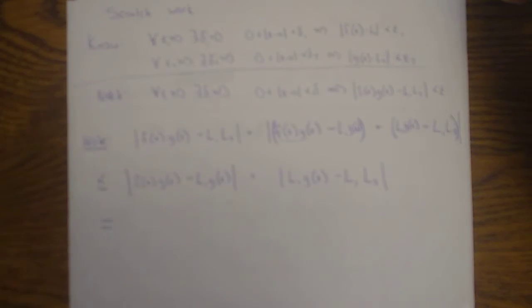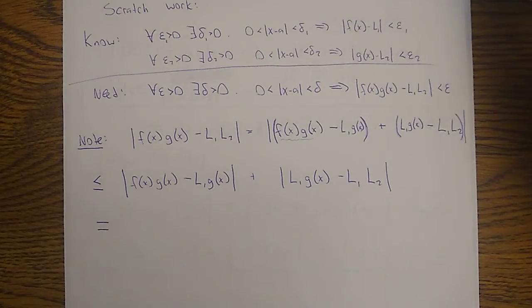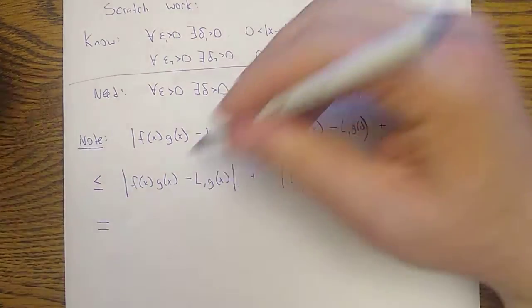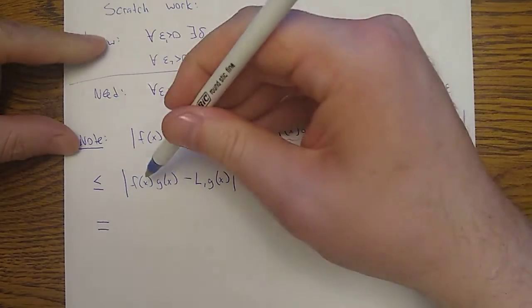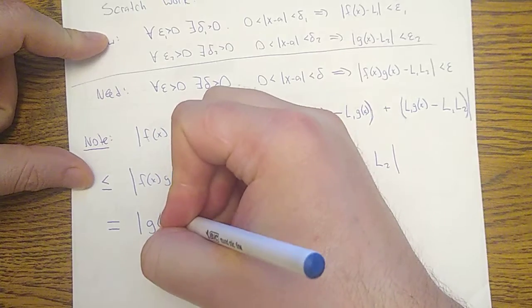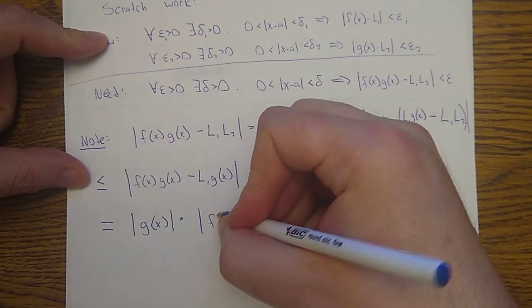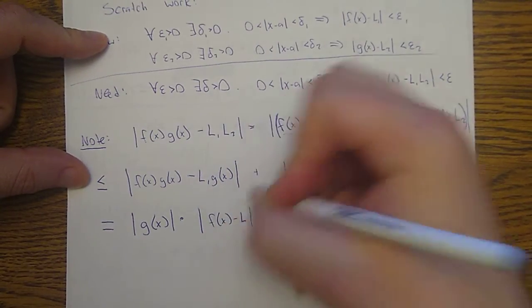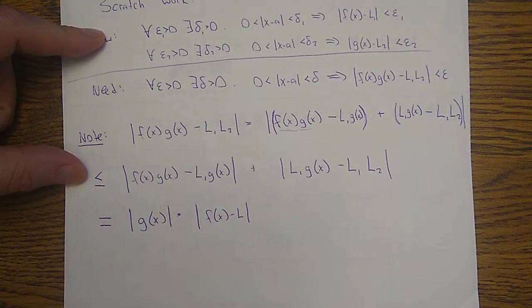And like I said, I can factor each of those. Now, when I'm pulling something outside of an absolute value, like here where I would factor out a g of x, since it's in an absolute value, everything should be an absolute value. So it's the absolute value of g of x times the absolute value of f of x minus L1.